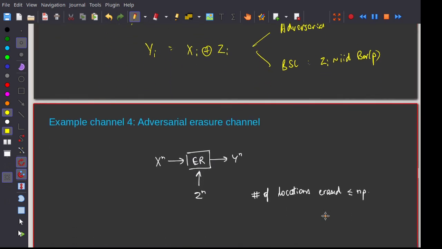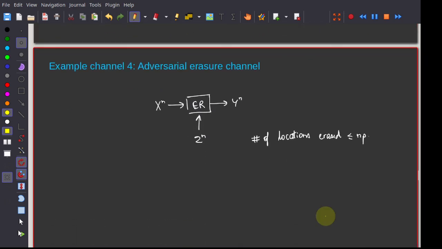The same holds for the erasure channel as well. In a random BEC, each bit is erased independently with a certain probability, irrespective of what was transmitted. But in an adversarial channel, you transmit a sequence of bits, and there's an adversary who sees exactly what you wrote down, and then he decides to erase at most np locations, and he can choose to erase whichever ones he wants.